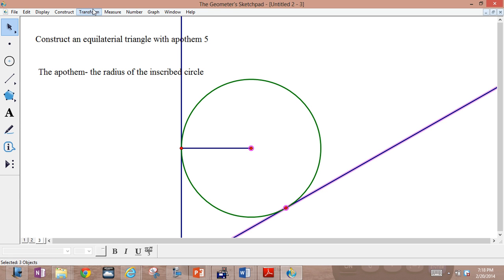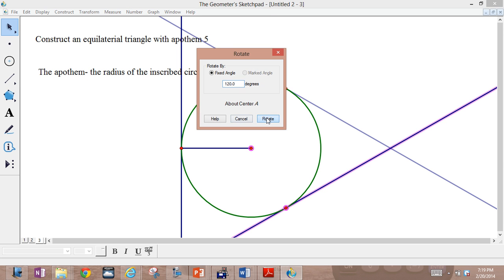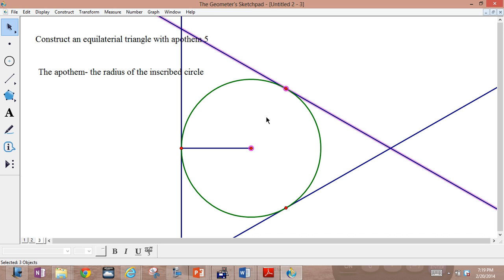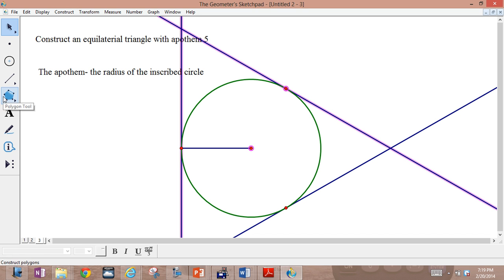And I will do that rotation once again. Transform, rotate 120 degrees. And there I will mark the intersections of these lines. Construct the intersections. I think I got too many things selected, so let me come here again. Select, select, construct, intersection.